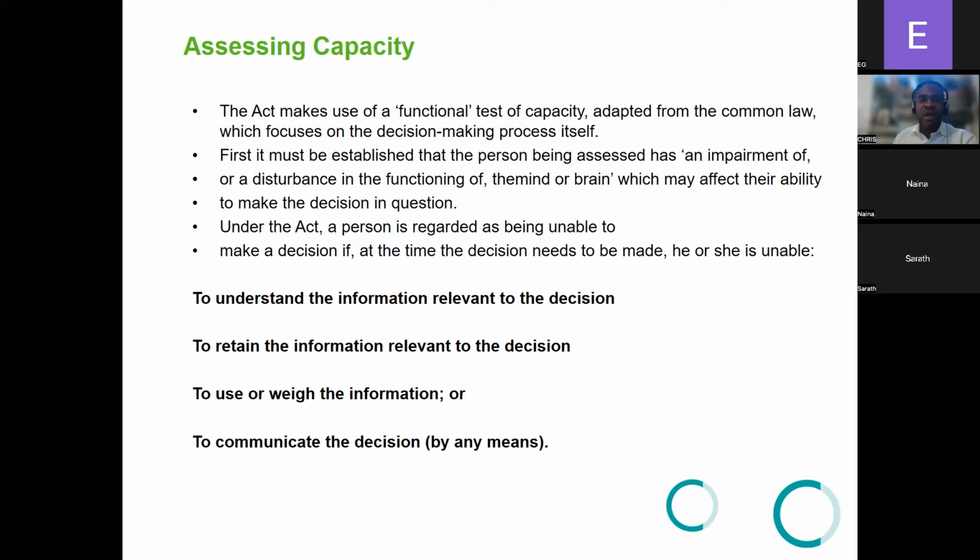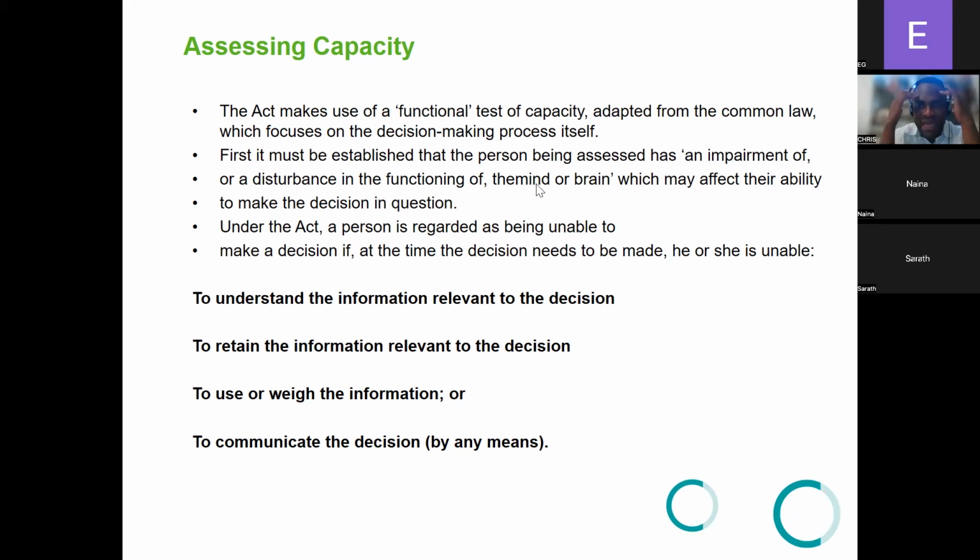So, for the person being assessed, it should be established that the person has an impairment, which makes it difficult for the person to make a decision or make a choice or indicate what they are thinking. The impairment may be a disturbance in the functioning of the mind.